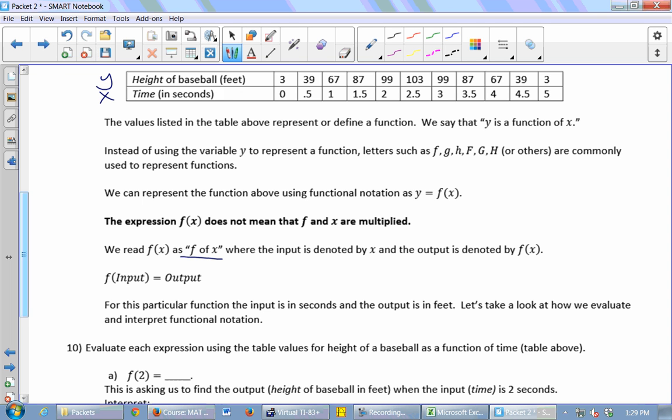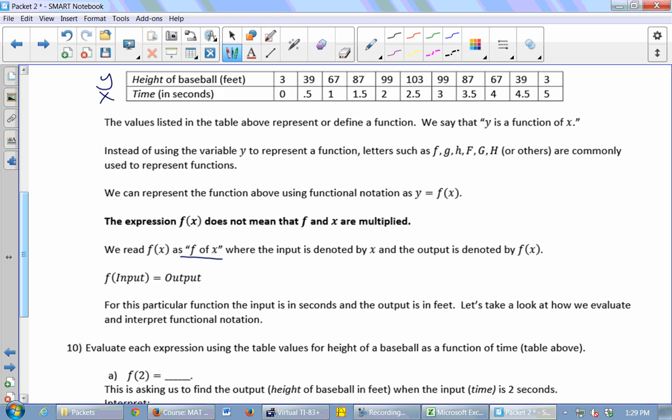In the previous math world that you've seen, writing 2 things next to each other like that with parentheses might have meant multiplication. And you will be able to tell from the context when it means multiplication and when it means function notation. So you would read that as F of X, and the input is X, the output is now F of X. Instead of Y, we use F of X.